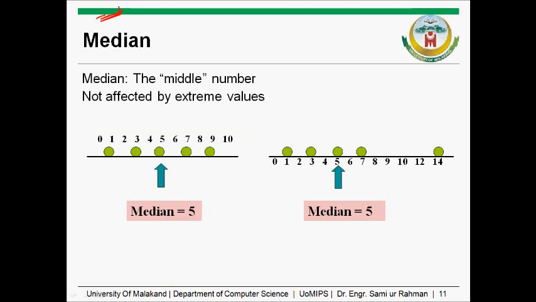Here the last value is 14 and here the last value is 9, but in both cases the median is 5. So the median is not affected by the extreme values. It is just affected by the number of samples and not the size of the sample values.